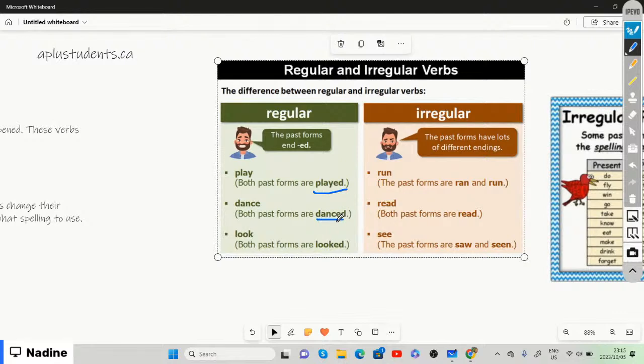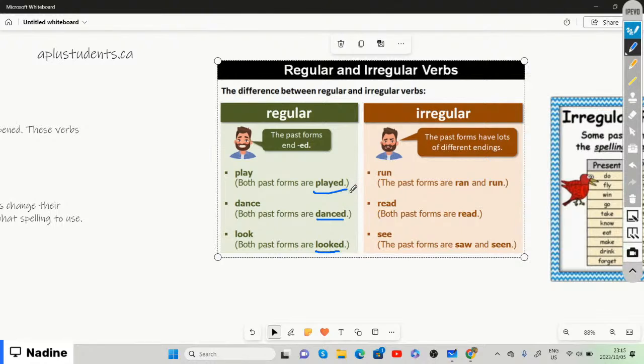Look, and the past tense of look is looked. So this is basically the regular past tense. And with regular past tense, we just add ed at the end of that form of the past tense.